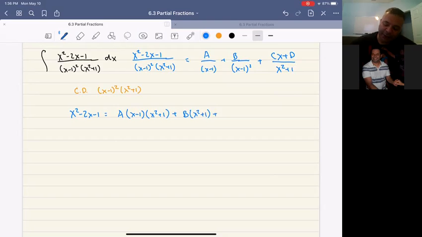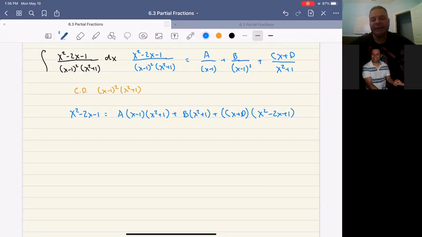Plus, now the cx plus d already has an x squared plus 1. So what's it going to need? An x minus 1 squared. Now I'm going to write x minus 1 squared, anticipating, in this way.